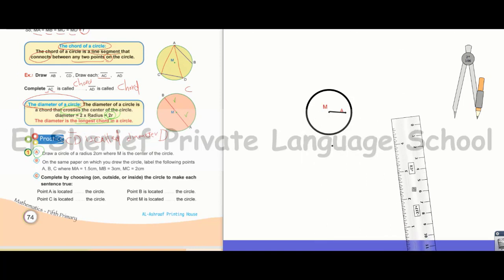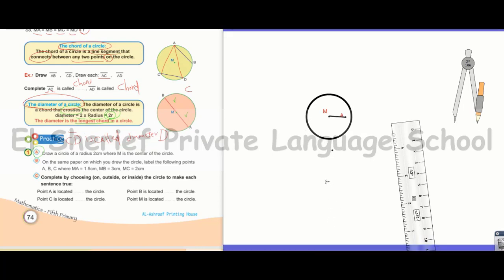So this is point B. And we join from M to B. MB equals 3 centimeter.